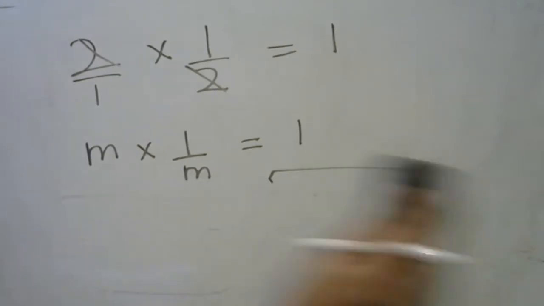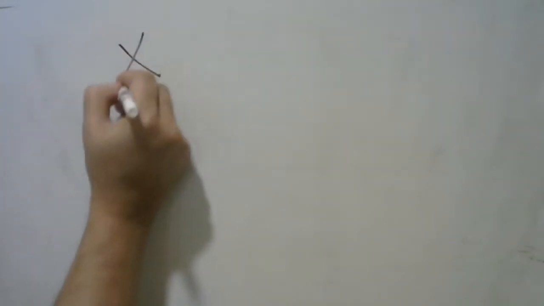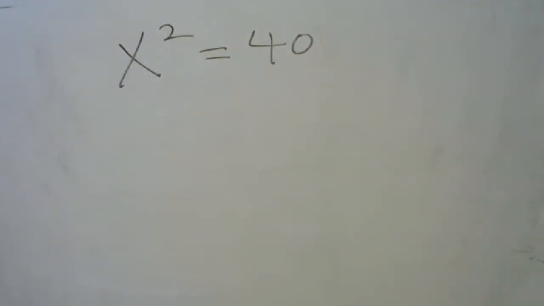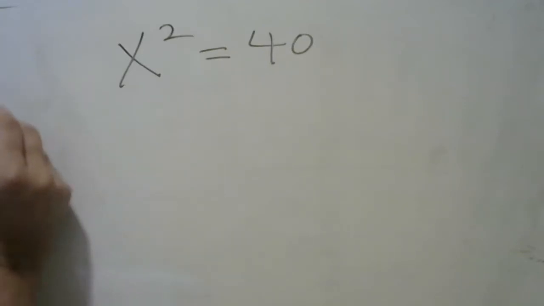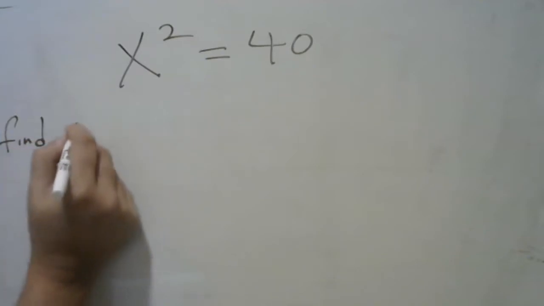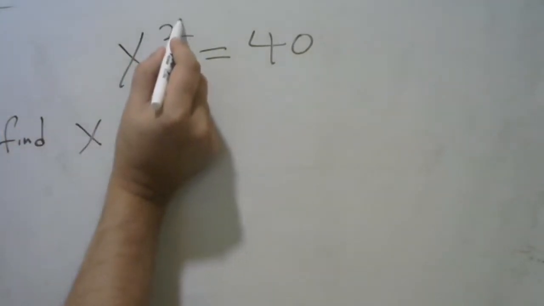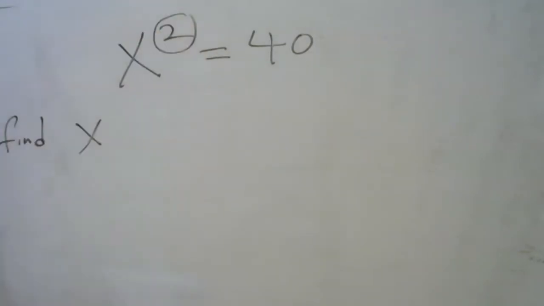Now, supposing I say x squared is equal to 40. Now, I want to find, and I say find x. What is x? What do you have to do to this 2 to make it 1?